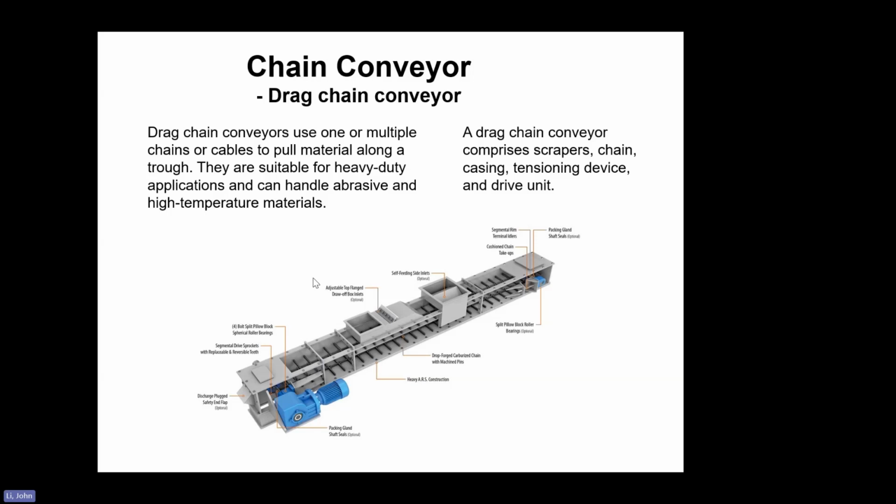They are suitable for heavy-duty applications and can handle abrasive and high-temperature materials because all parts are metal. Drag chain conveyor components: scrapers attached to the chain, and the casing, and the tensioning device, so it can move forward to get to the chain tension, and the drive unit.